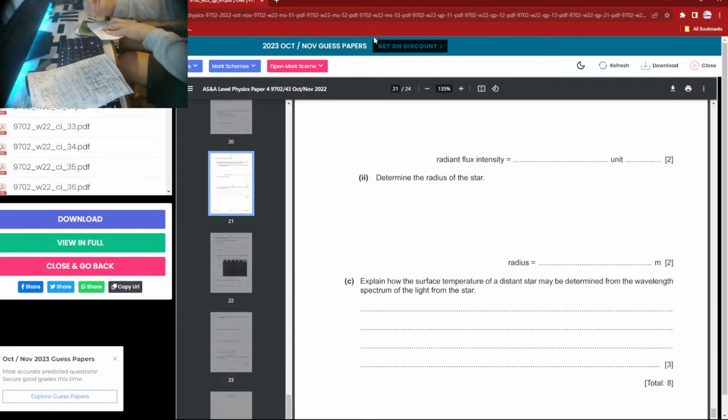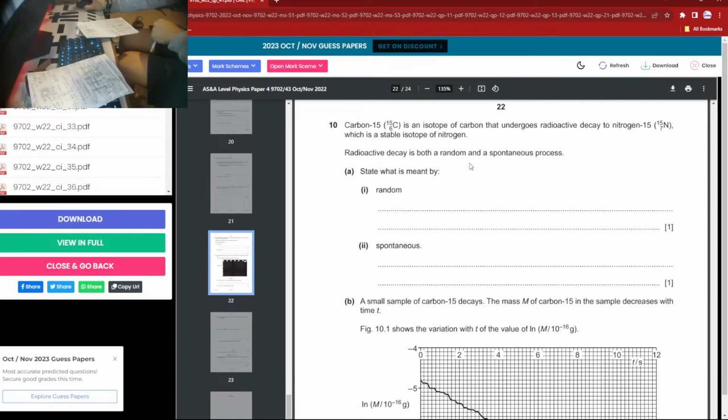Okay, the observed wavelength from a distant star, and compare with known wavelength and temperature, and from there we use Wien's displacement law. Yeah. Okay, next one, the last question.